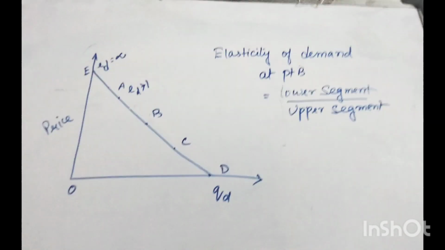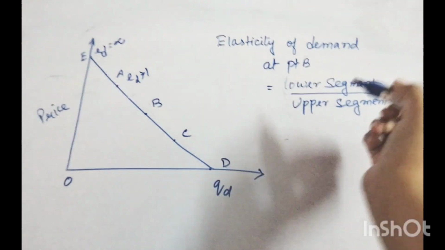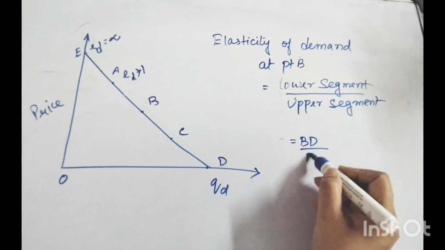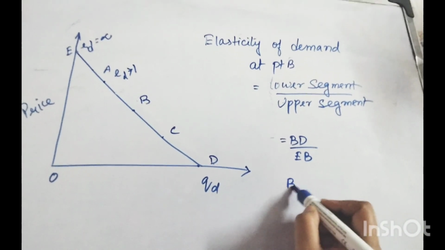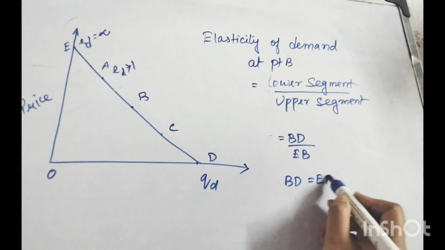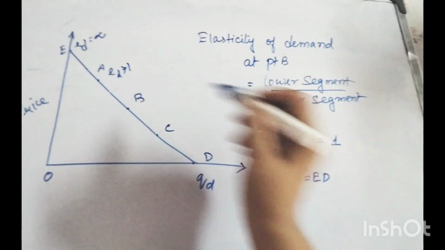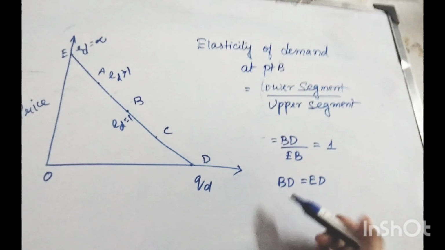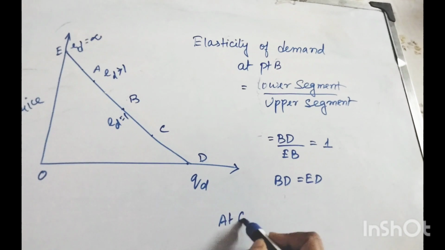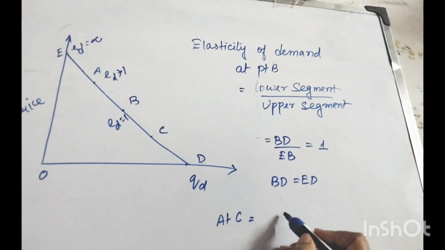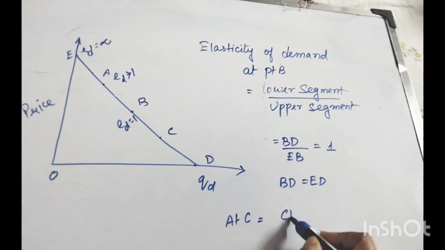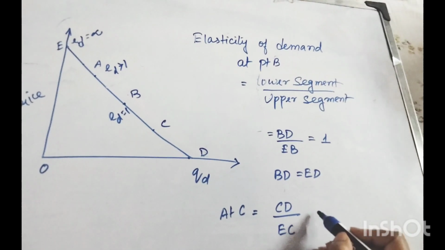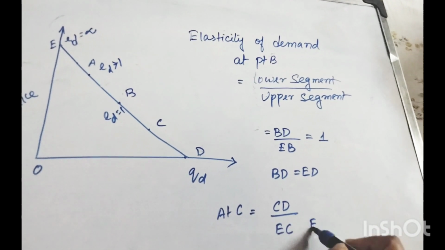Next, at point B, the lower segment will be BD and the upper segment will be EB. Here BD is equal to EB, so the ratio is equal to 1. So at this point ED will be equal to 1. Again, elasticity of demand at point C: lower segment CD by upper segment EC.